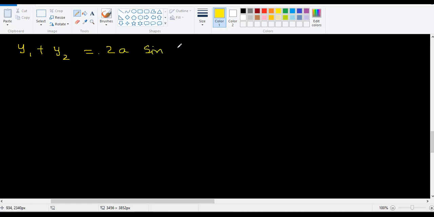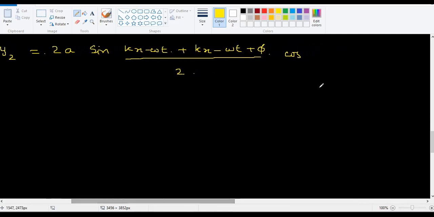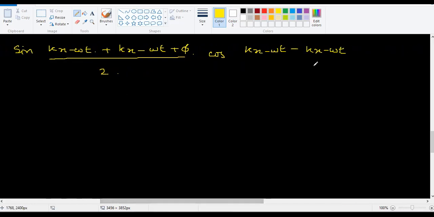So what is C plus D? Kx minus omega t plus Kx minus omega t plus phi, divided by 2. Then cos of (C minus D) by 2: Kx minus omega t minus (Kx minus omega t plus phi).